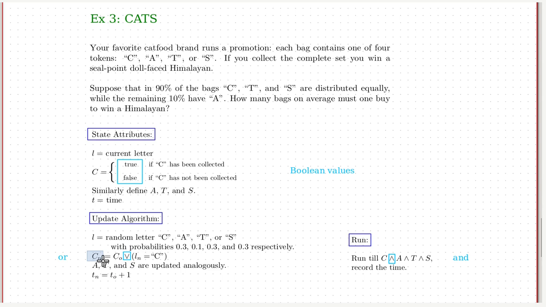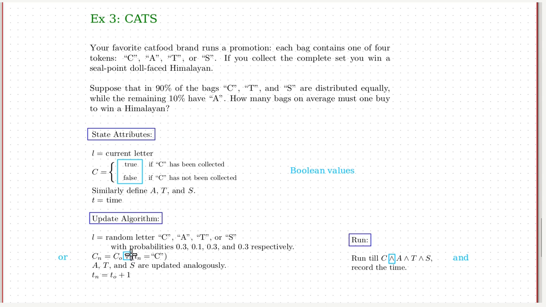Cn, the new value of C, will be true if C0 was true or something else, which I'm going to talk about. But this means it's guaranteed that Cn will be true if C0 was true, right? Because adding an OR condition cannot make something that was true false.